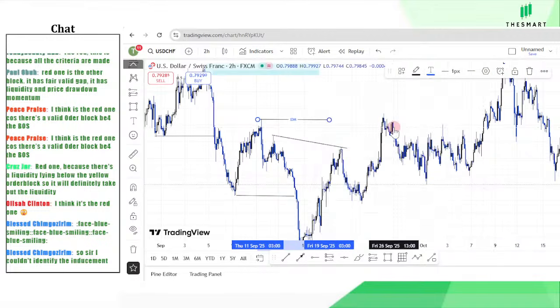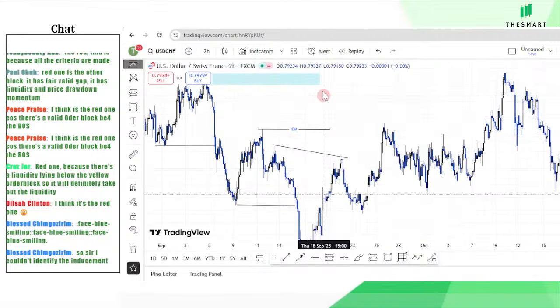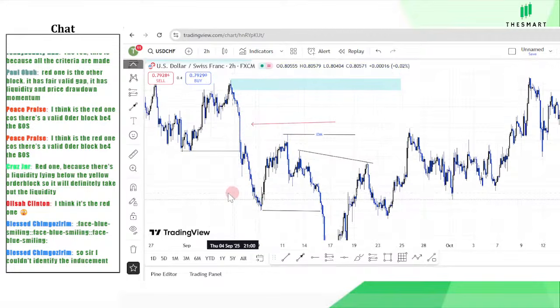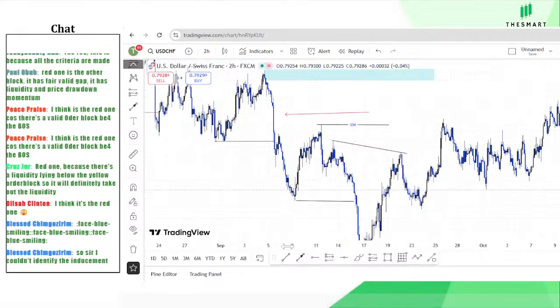So what we want to see is, since this is the last supply we have, and we have this fair value gap. Not just this fair value gap, you see the momentum from here to the downside. So let me give you the diagram again.